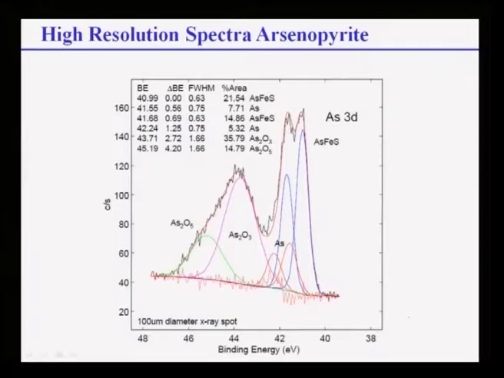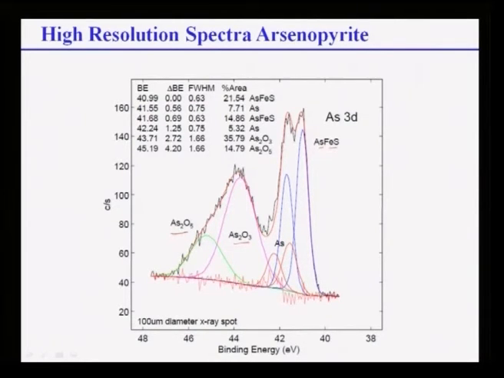Arsenopyrite is another example. If you look at arsenopyrite, you have arsenic iron sulfide, this is what is called arsenopyrite. This can be fitted, this is done with a 100 micron diameter X-ray spot, and we are also showing you arsenic oxides, As2O3 and As2O5.